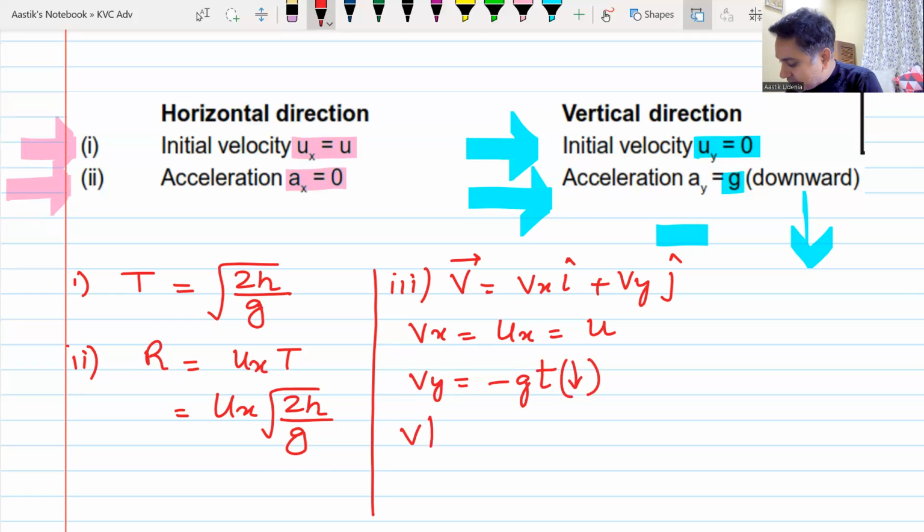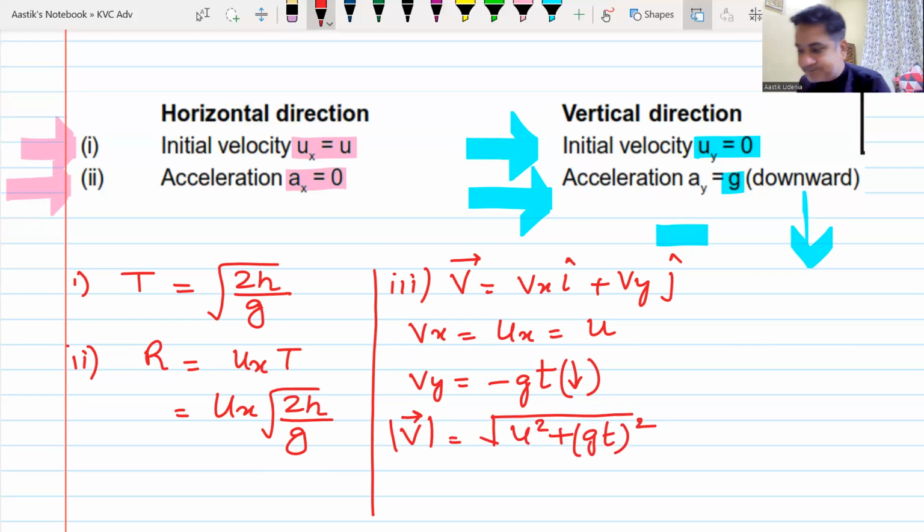From here I can find the magnitude of the velocity v, which will be equal to under root of vx square plus vy square. I can write it as under root of u square plus (gt) square. I can also find the angle it makes with the horizontal.